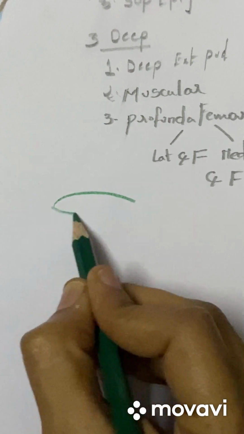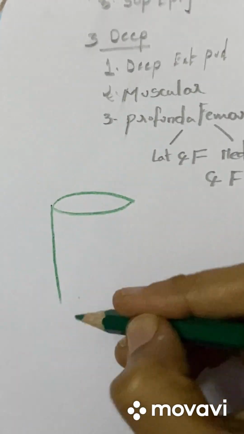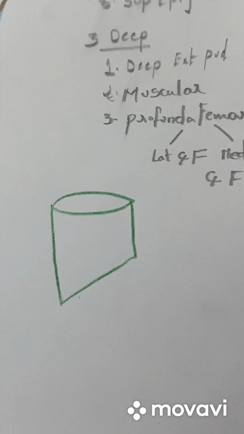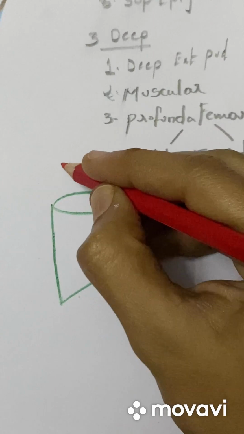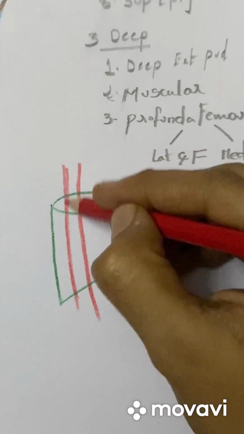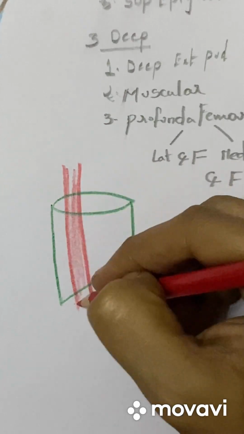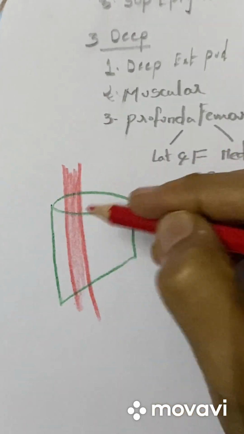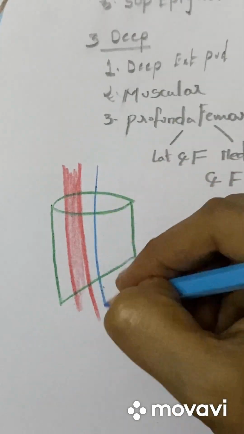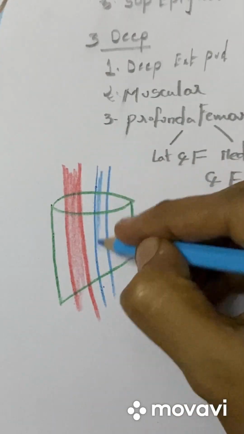The anterior wall is fascia transversalis and posterior wall is fascia iliaca. The lateral wall of the femoral sheath is little lower compared to the medial wall. It has three compartments. Laterally it has femoral artery, so it is called arterial compartment. In the middle it has femoral vein, so middle compartment is called venous compartment.